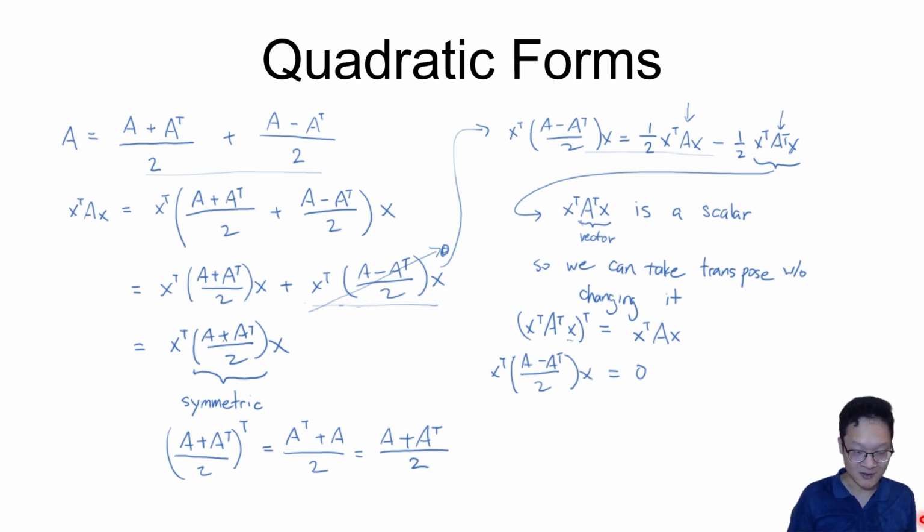So that means that regardless of whether A is symmetric or not, the quadratic form won't really look very strange. Weird things won't happen just because eigenvectors are not orthogonal. Because in order to figure out what this looks like, we can always first compute A plus A transpose over 2 and then figure out what this quadratic form looks like. Right? And that's going to look like one of the pictures that we showed in the last few slides.